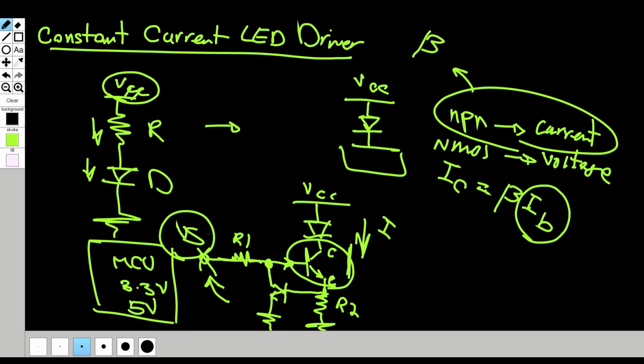I should probably just name these. Let me clean up some of this mess I made. All right, so let's call this Q1, and we call this Q2, just for simplicity.